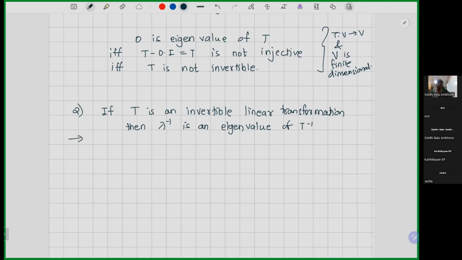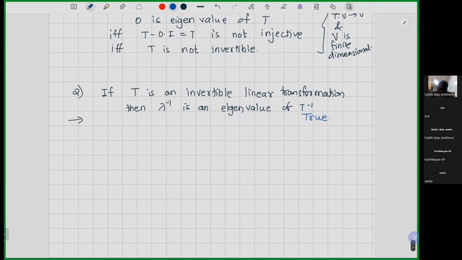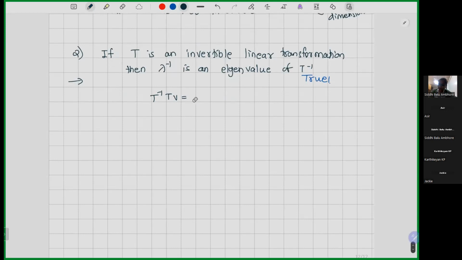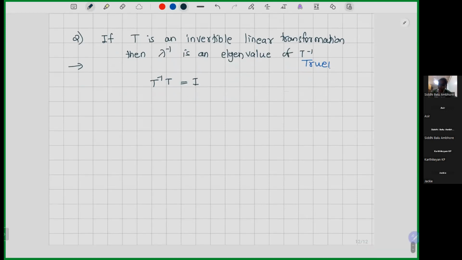Any guesses? Okay, so this is true, as guessed. And we will just use this fact that T is invertible. So T inverse T is equal to identity, right?